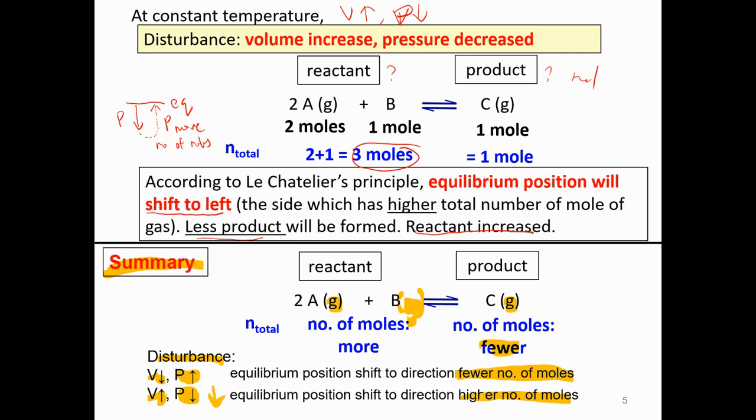If pressure decreases, higher number of moles. So always go back to this equilibrium, then see where is the direction. So that's all for Le Chatelier's principle, the factor of changing the pressure by changing the volume.